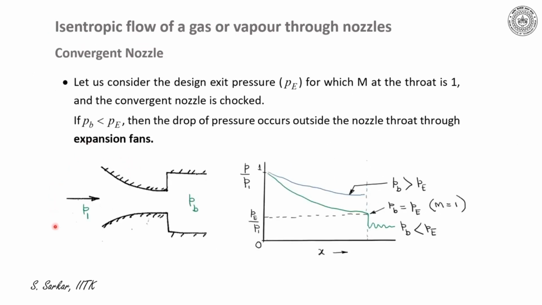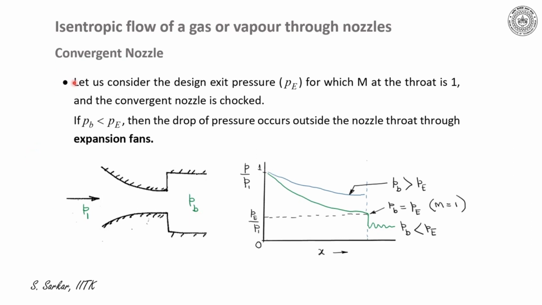I have indicated here a convergent nozzle where P1 is the inlet pressure and PB is the back pressure, which can be controlled.